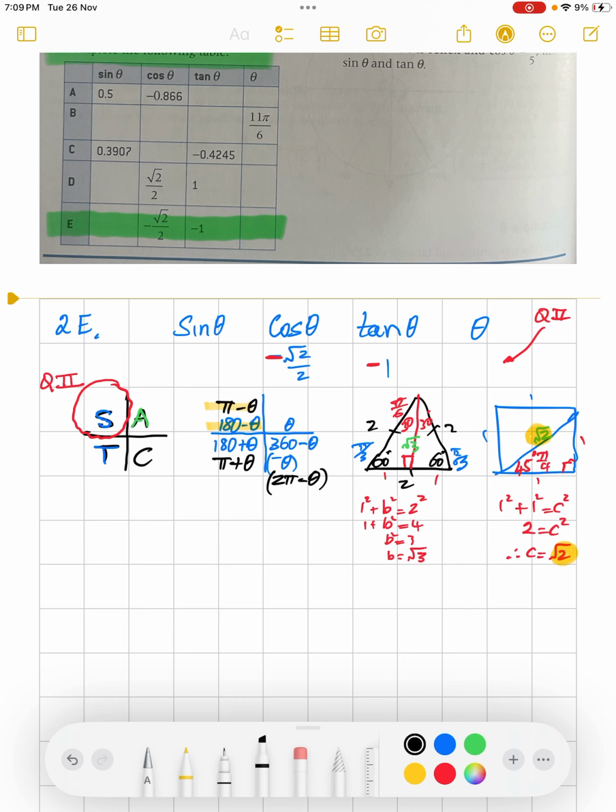Well, if it's 45 degrees and it's degrees, then you would say that 180 minus 45 degrees would be 135 degrees. Or if it's radians, you would say pi minus pi over 4 is 3 pi over 4.